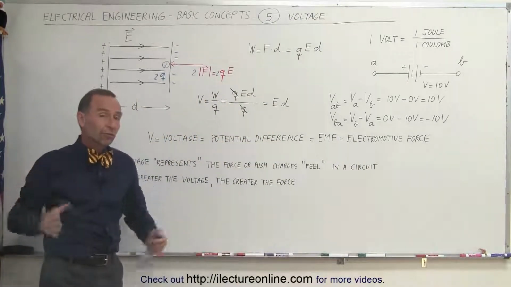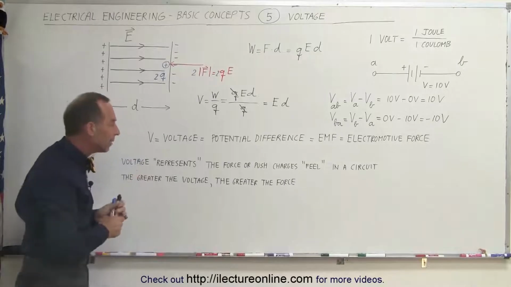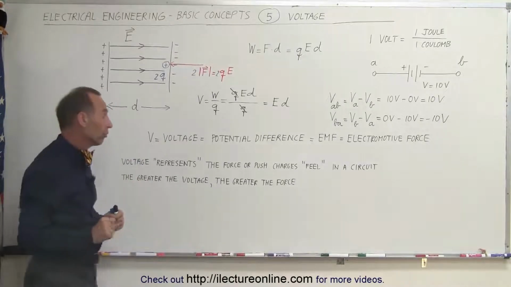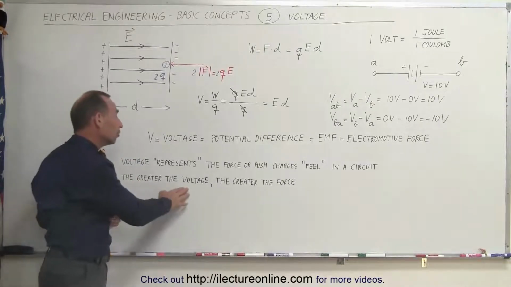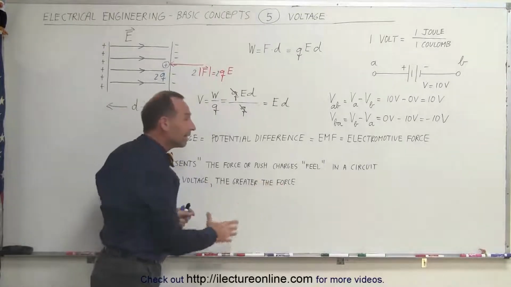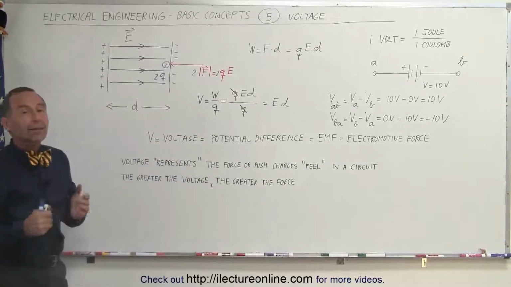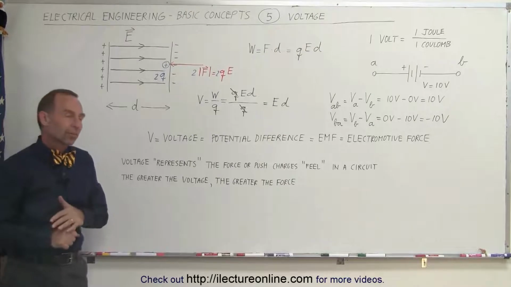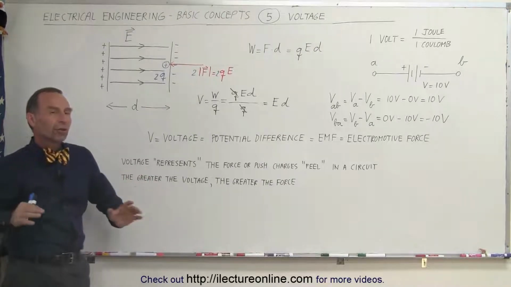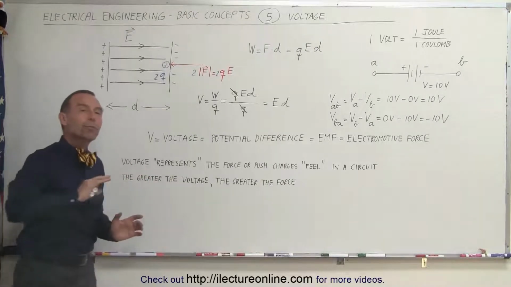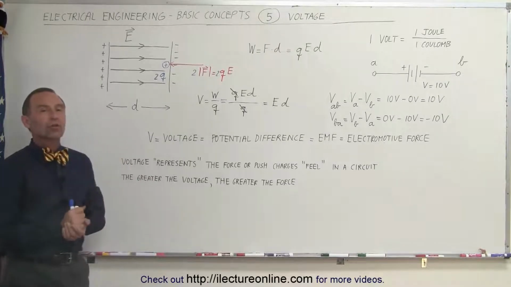It's going to feel as if you're being pushed through that circuit by the voltage difference. The bigger the voltage difference, the bigger the voltage across that battery, the more push that charge is going to feel. The greater the voltage, the greater the force or the push that the charges feel inside the circuit. The bigger the potential difference, the greater the force, the more push to get the charges around the circuit.